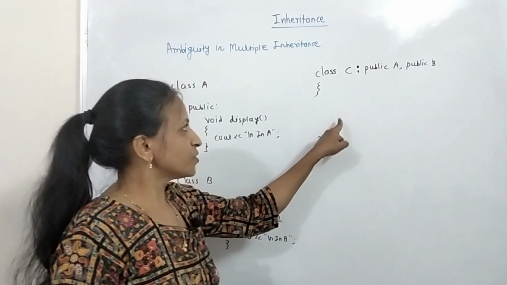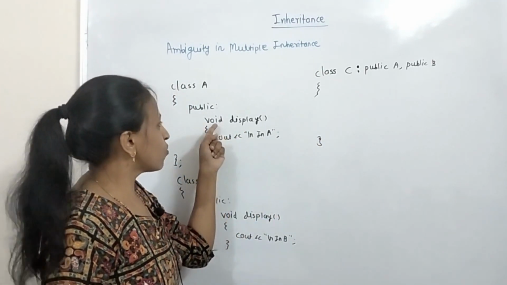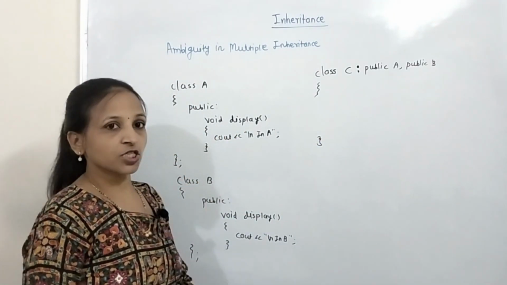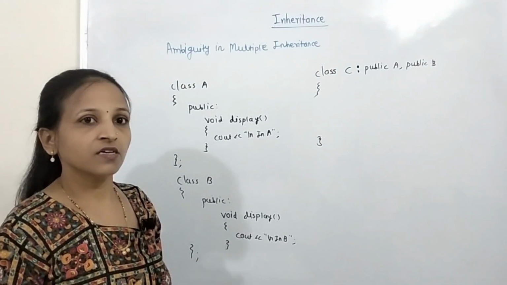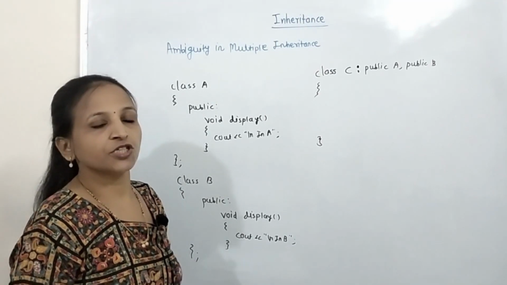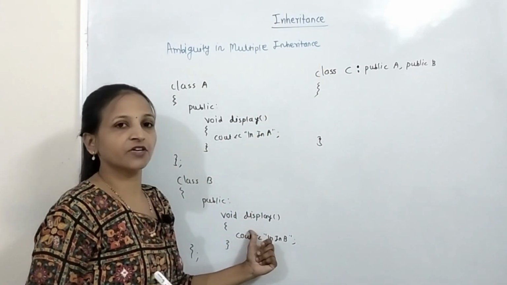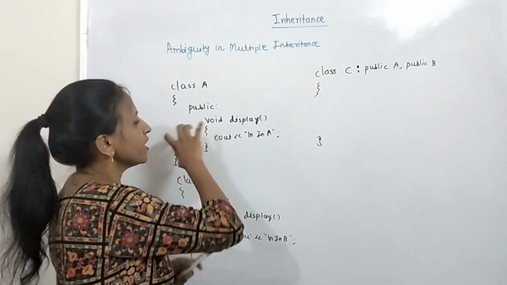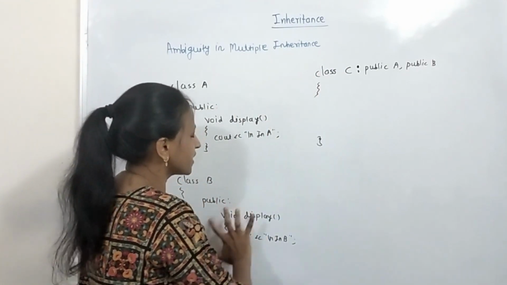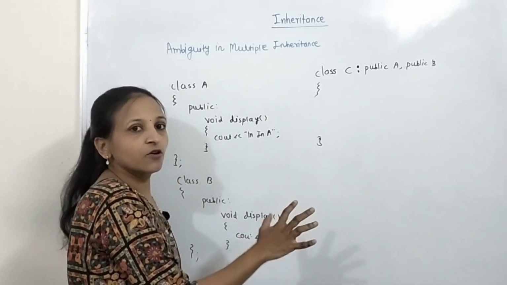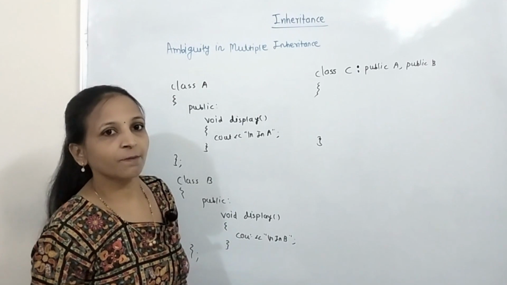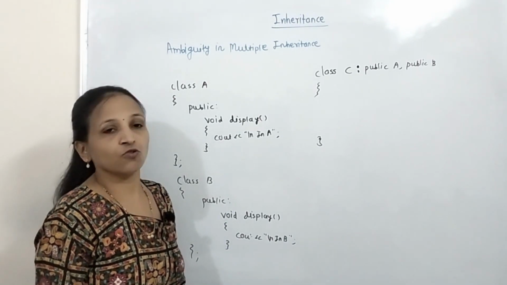If we create an object of this C class and call the display member function, then which one should be called? That will be an ambiguous situation for the compiler, because this class C has two display member functions, one derived from A, the second derived from B. Now which one should be called? There is again an ambiguous situation.